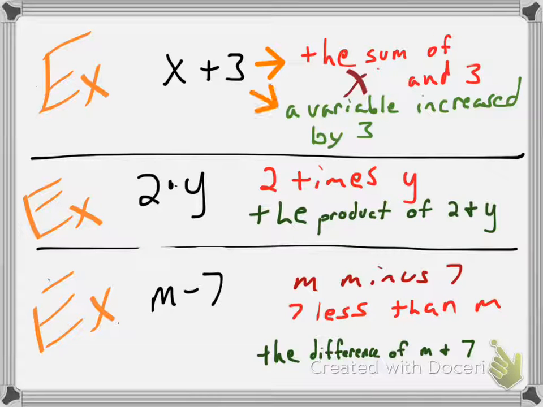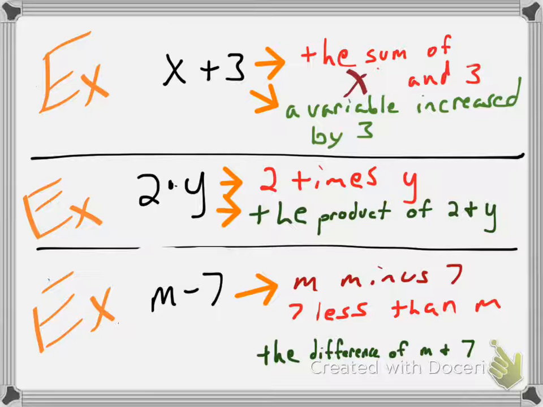I just wanted you to see it written this way. You could also put a variable is increased by 3. Alright, next example is multiplying. 2 times y is a way to write that. And then the product of 2 and y.